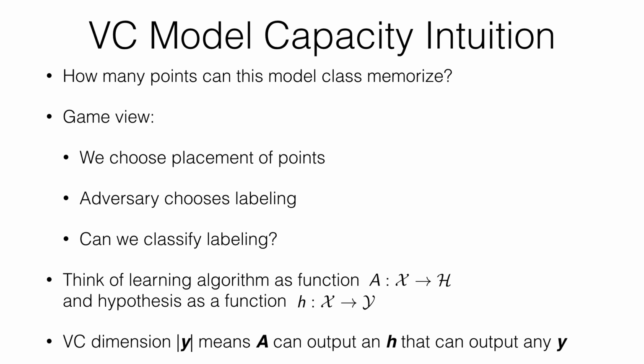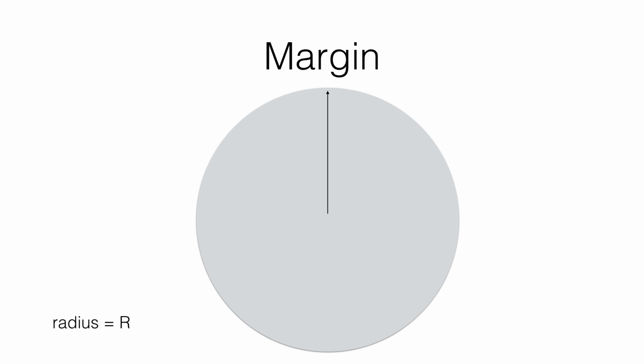Bringing this all back to a type of model that we studied, let's think about linear classifiers with margins. We'll start with an assumption, which is that all of the data that we're going to see lives in some ball of radius r. This is a bound on the magnitude of the feature vectors describing all the data points.